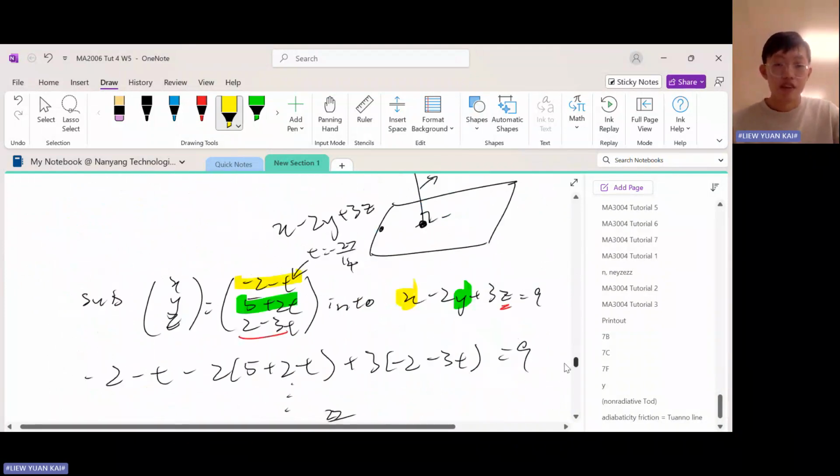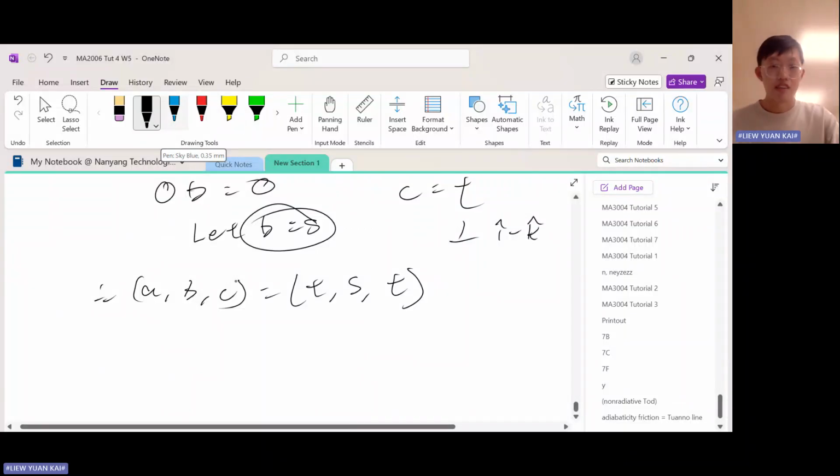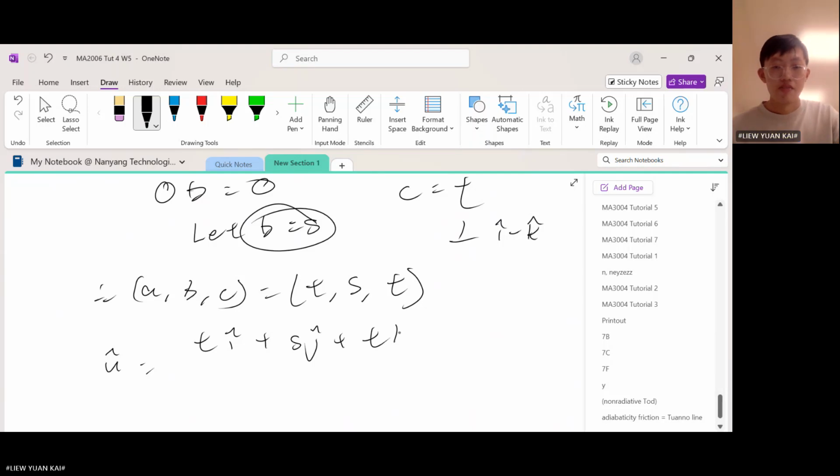It's very simple. If you have a vector, you can change it to a unit vector by taking the vector itself, let's write it in ijk form, then divided by its magnitude. I gave you a vector a, b, c.